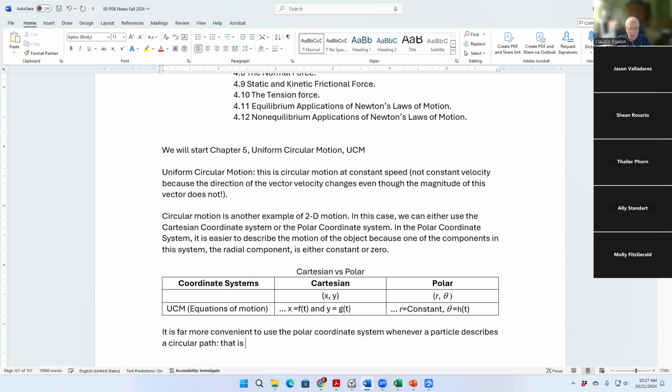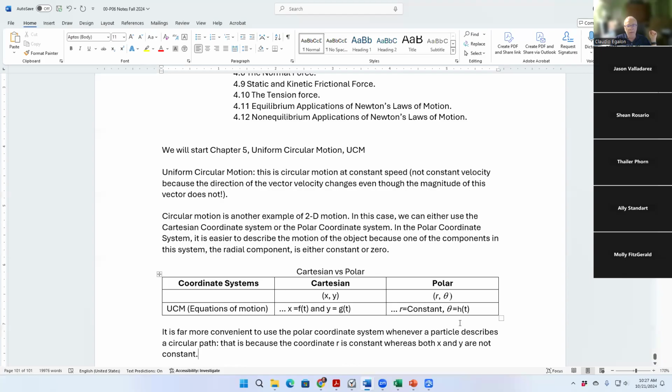That is because the coordinate r is constant, whereas both x and y are not constant.